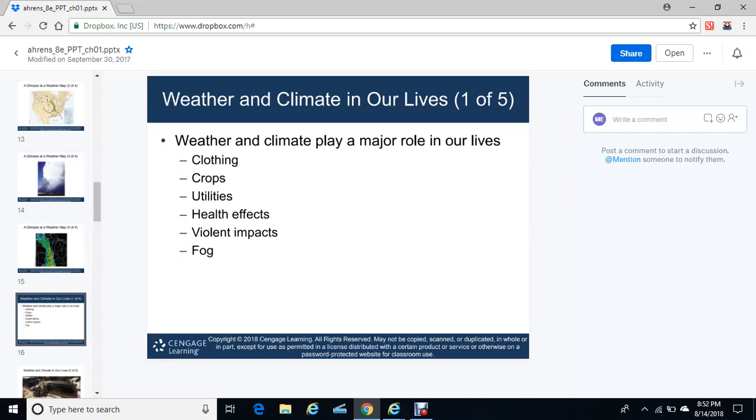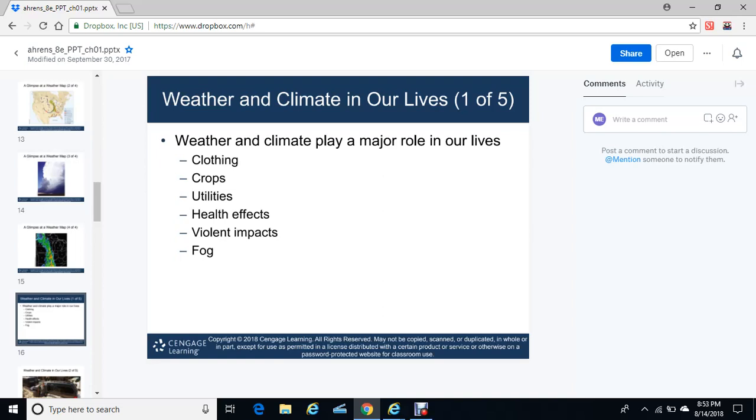It impacts crops, how much crops are produced each year, and utilities: how much money do we spend on electricity, what's the demand every winter season for heating, or in the summer season the cooling. It's going to impact our pocketbooks and how much we spend.